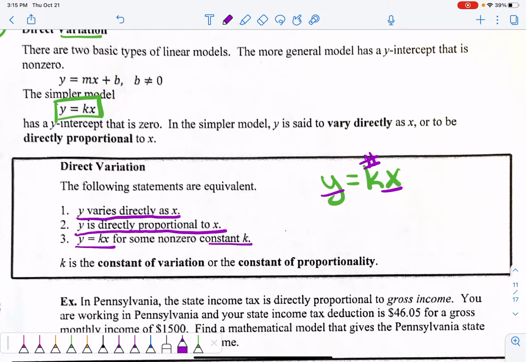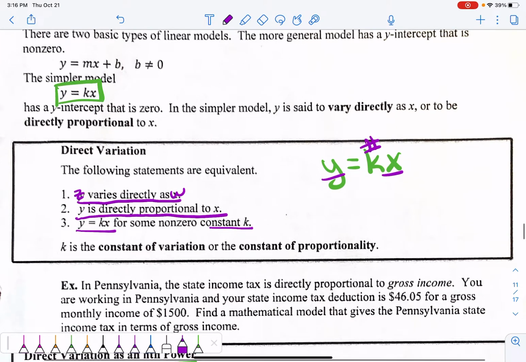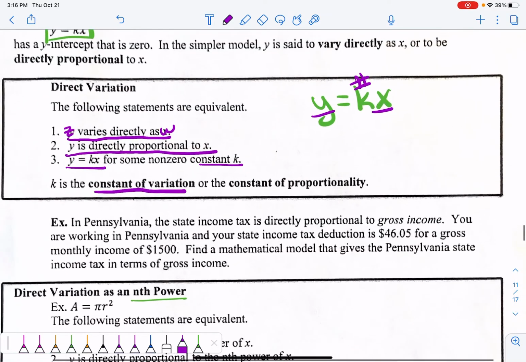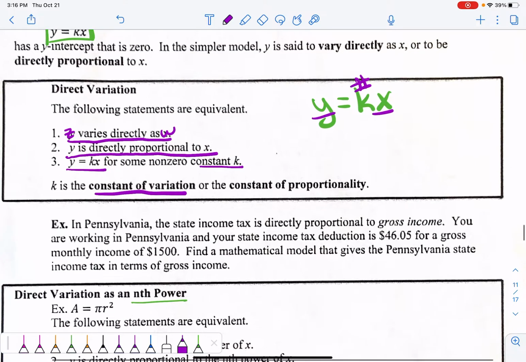They might say z and w or whatever, but you'll just replace those with the y and the x in this spot, okay? So k is called a constant of variation, and in all four different types of variation, each one of them will have a constant called k, okay? So that's kind of how that works.